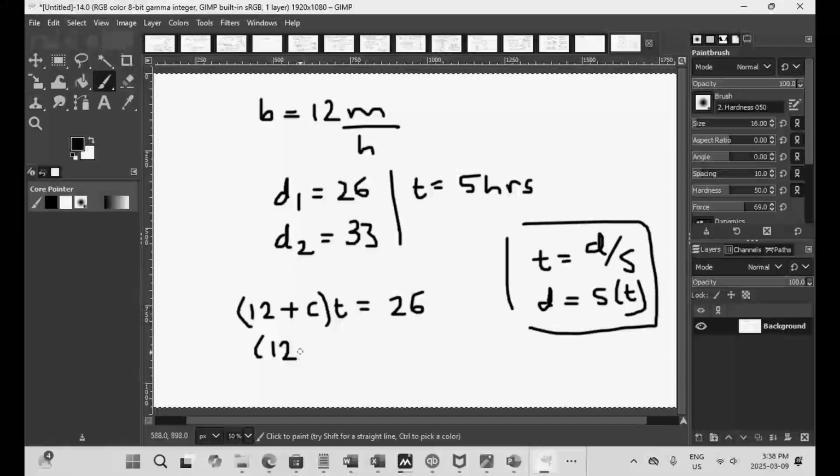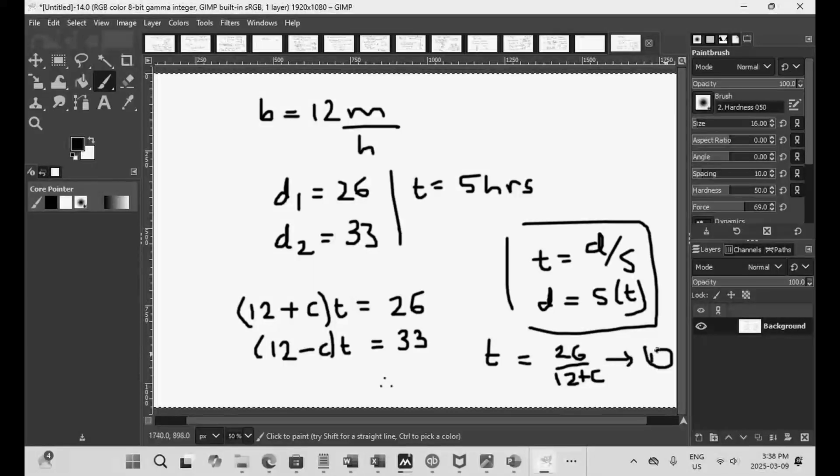We also know that 12 minus c, against the current upstream, into time was 33. So you solve for t for both of these equations, and we have t equals 26 divided by 12 plus c. This is equation number 1. Therefore, t equals 33 divided by 12 minus c. This is equation number 2.